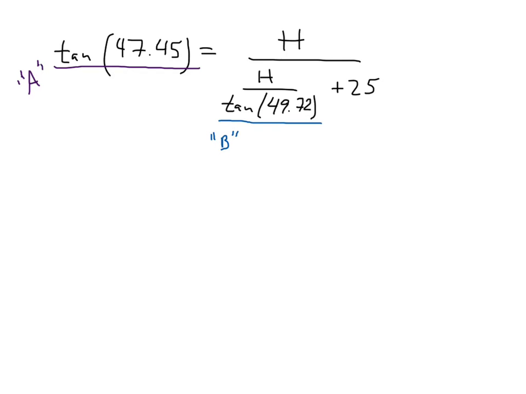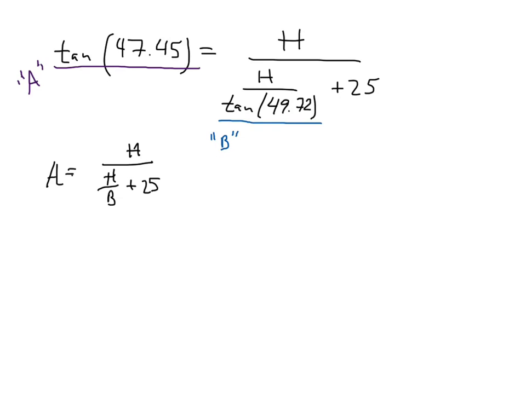So the equation that I'm actually going to be manipulating is A equals h over B plus 25. And when I'm done at the end, I can just replace the A and the B with their appropriate values. So the goal is to solve this for h.